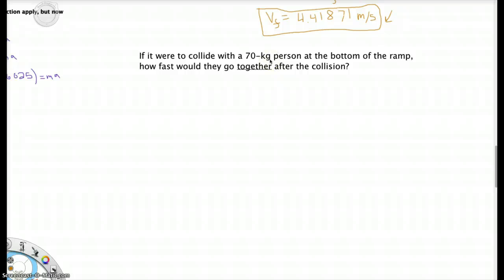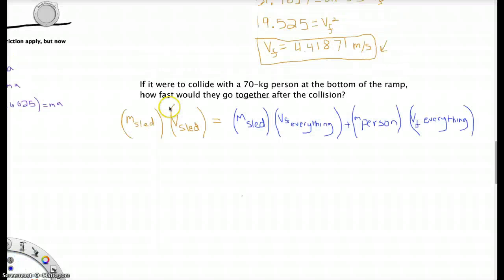Last but not least, we're supposed to calculate how fast a 70 kilogram person and the sled would go if they were to hit each other after the collision, after they were to go down the ramp. To solve this problem, we're going to use the law of conservation of energy.